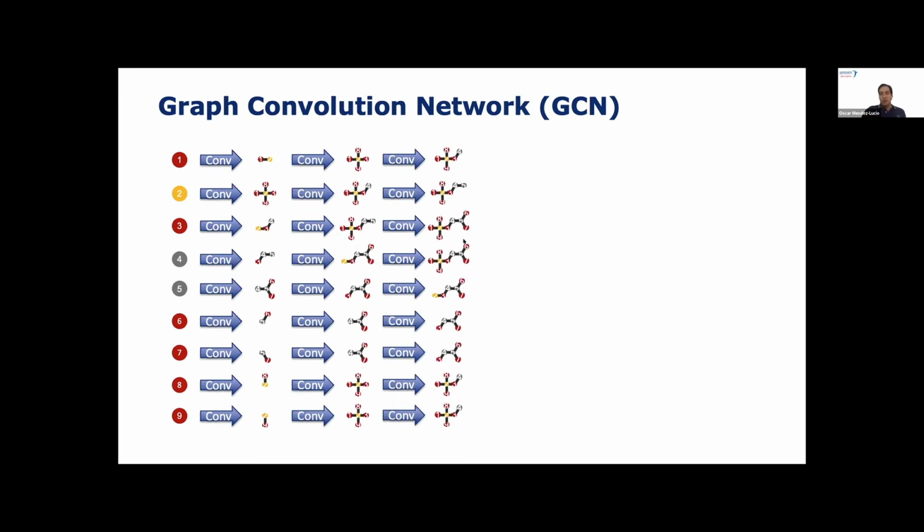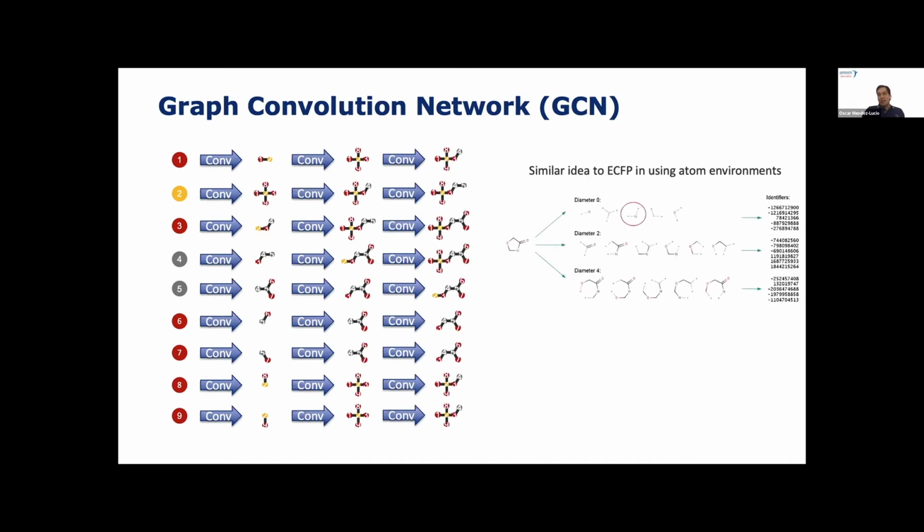For those cheminformaticians joining today, this might be quite similar to what we were used to using before with ECFP fingerprints. Here you can think of this as an atom environment centered on atom 1. This will be the atom environment centered on atom 2, and so on.